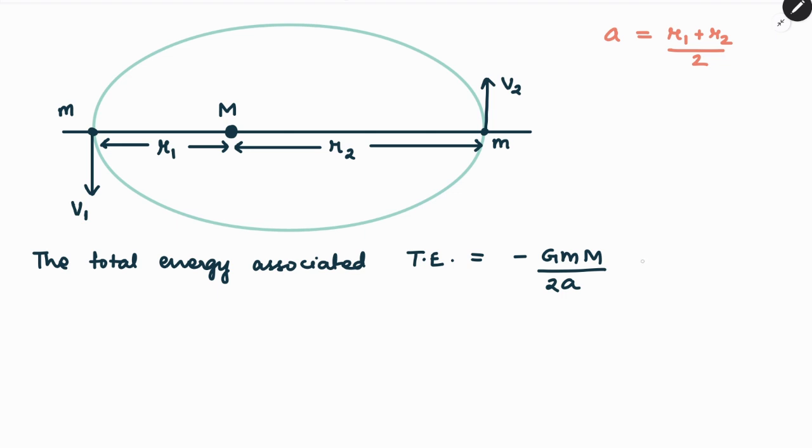If we substitute this value, we get minus G small m capital M upon (r1 plus r2). So this is the first important thing that we need.